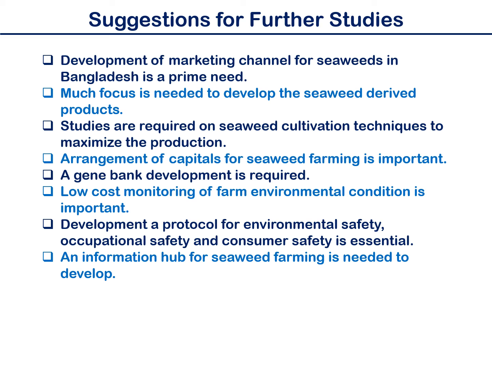We should think about innovative culture techniques to maximize production. For seed supply, we need to develop a gene bank, a tissue culture lab, and of course an information hub for seaweed farming.